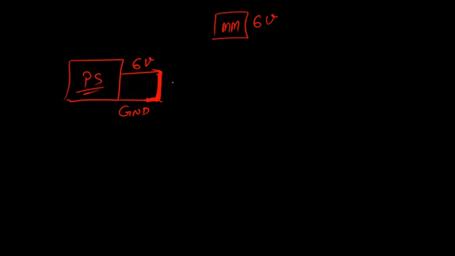So now, when I connect with a short circuit, what will be the voltage if I use the same multimeter here again? What will be the voltage here? Will it be 6 volt? No, sir. Then what will be the voltage here?